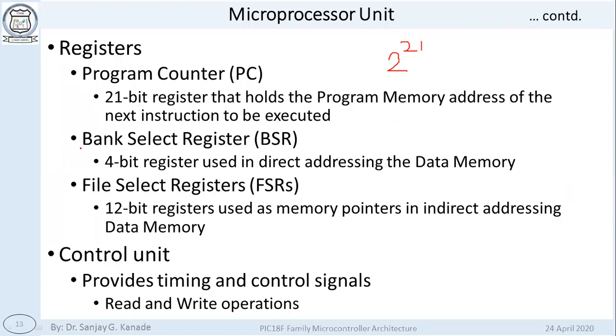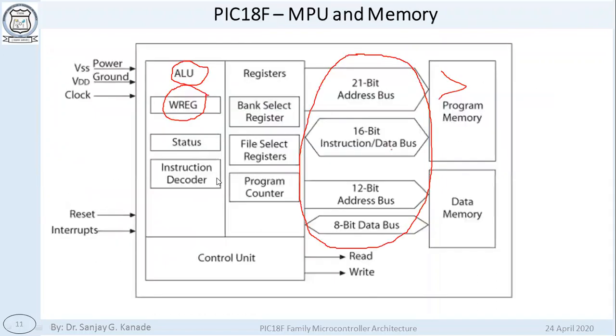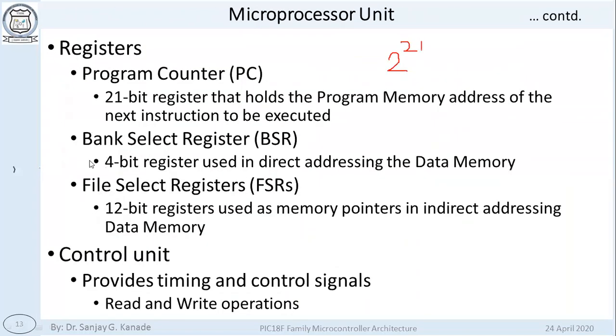Now there is another register called bank select register, BSR. This bank select register is a 4-bit register used in direct addressing the data memory. Of course, you will have to see this in details. You will see in our further slides. Then file select registers is a 12-bit register which can directly store the full address of data memory.